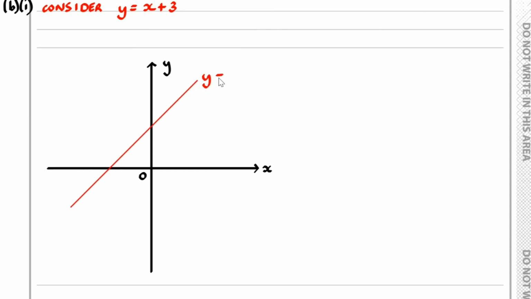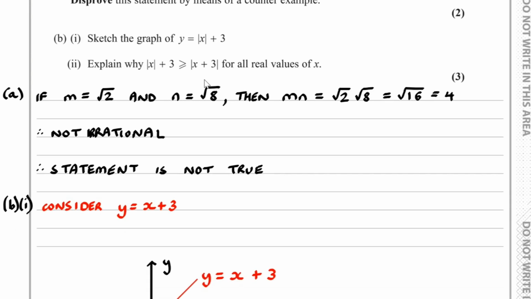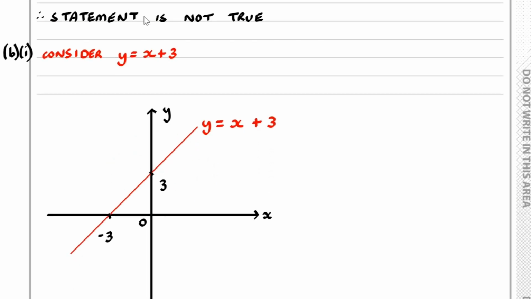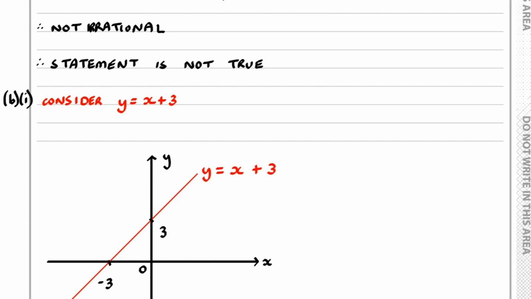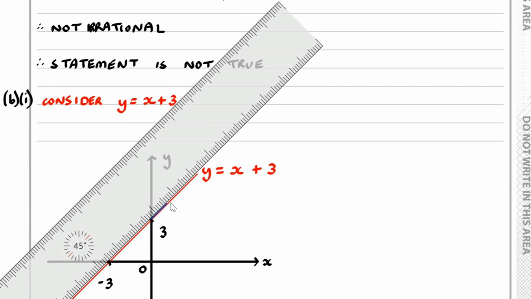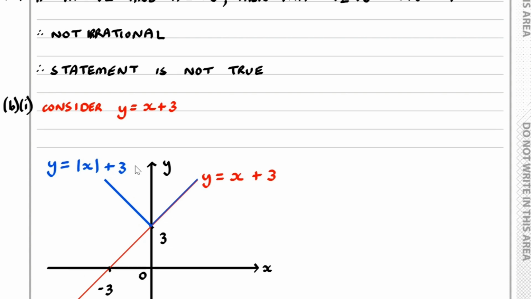We've got the graph y equals x plus 3, it crosses here at 3 and it crosses here at negative 3. So when I come to sketch the graph of mod of x plus 3, we've got the graph of mod x, which is being shifted up by 3 units. So that graph would have this graph over here, y equals mod of x plus 3, and that's what we needed to sketch.